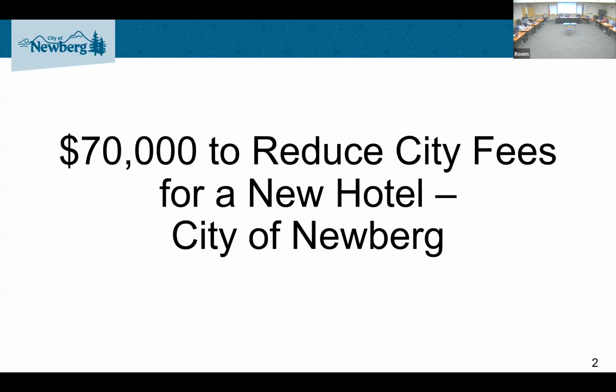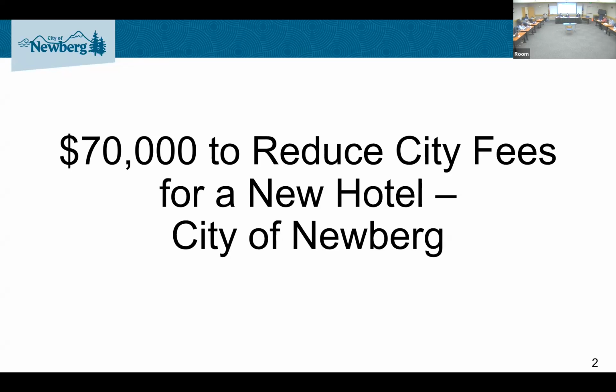On the sustainability component of this, I provided some numbers working with Escape Lodging. In the first year, the TLT revenue that would be generated is estimated a little over $270,000. In that 10th year, it's estimated to be about $459,000, and so it continues to go up.